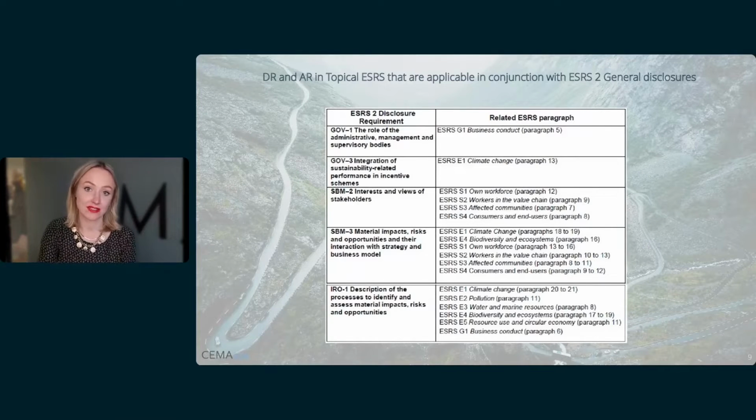You can find this in ESRS 1 with the overview. For example, in this requirement from ESRS 2, we need to report on material impacts, risks, and opportunities, and their interactions with strategy and business model. This essentially means that you need to have a good overview of how your processes look when it comes to identifying impacts, risks, and opportunities, which is essentially what we are doing in a double materiality analysis.